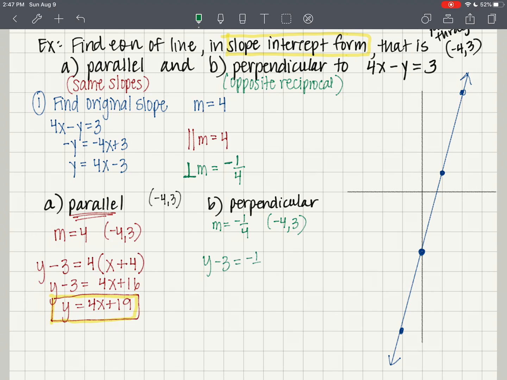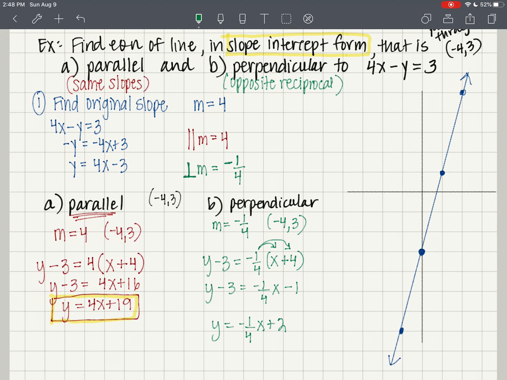Y minus 3 equals -1/4 times x minus -4, which is x plus 4. Y minus 3 equals -1/4 x minus 1. I just distributed, knowing that -1/4 times 4 was going to clear the fraction. And then I add 3 to both sides, and I get y equals -1/4 x plus 2.